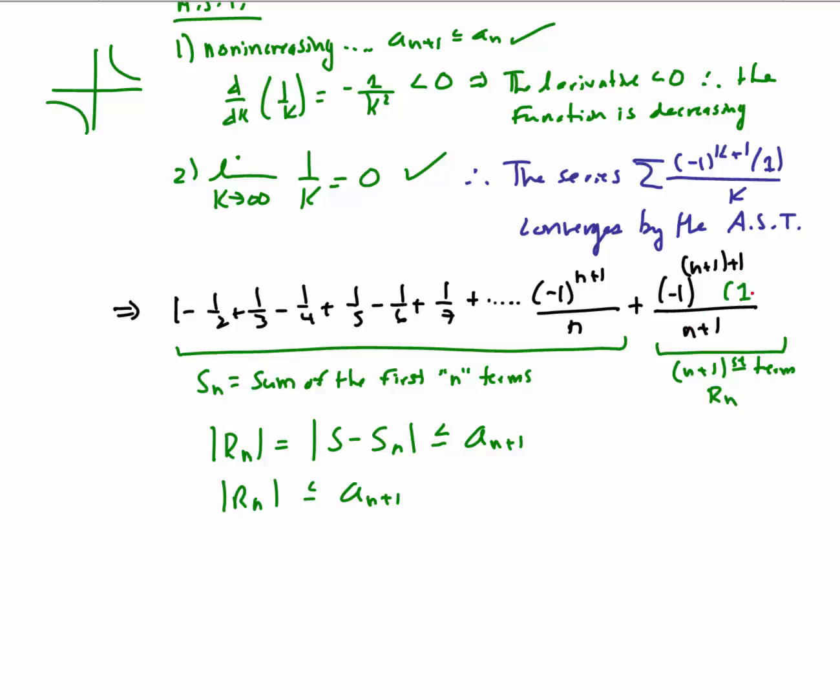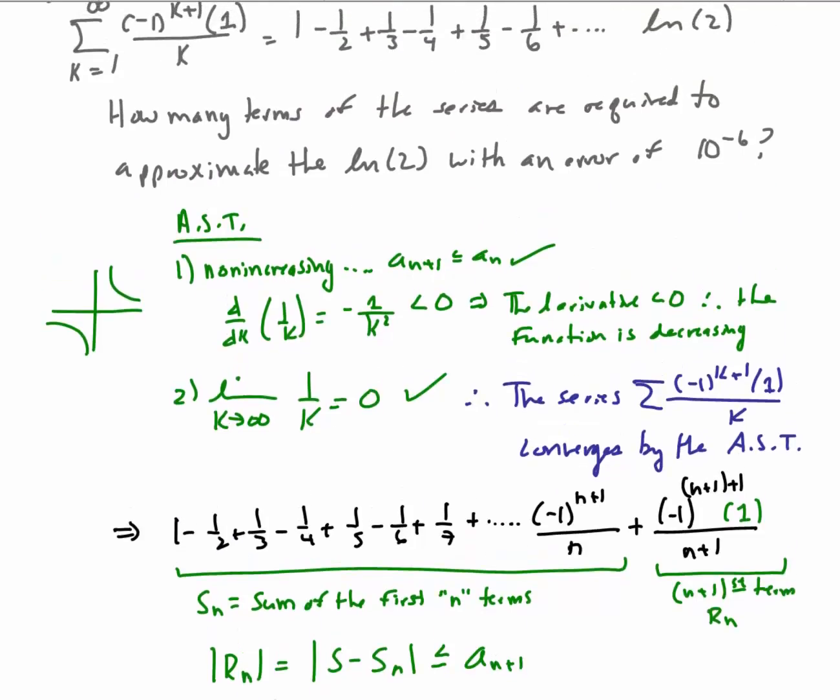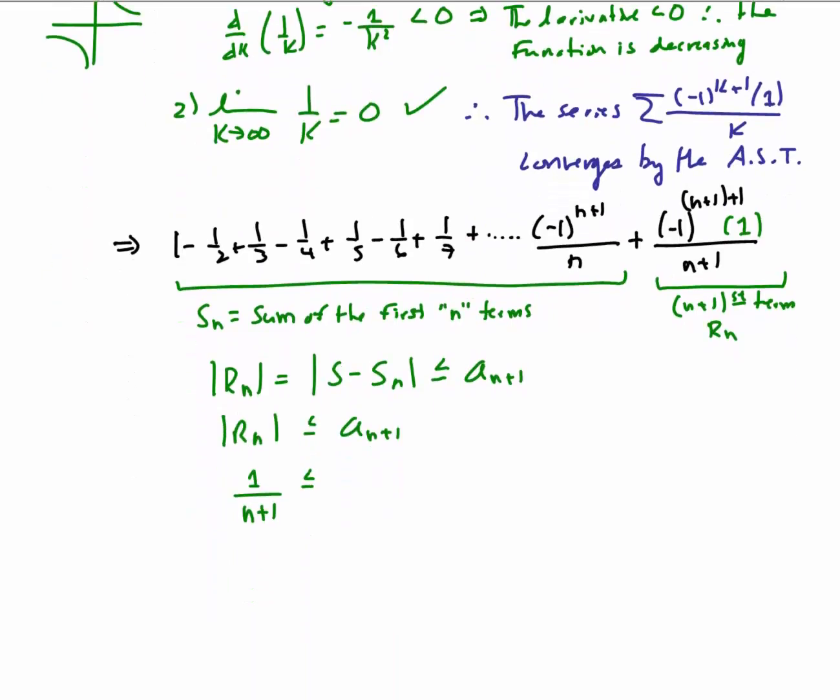Again, this is your implied 1 right here. So this is 1 over n plus 1, has to be less than or equal to the a sub n plus 1 term. So we already have established what we want that criteria to be up in the original problem. This was that 10 to the negative 6. So we want it to be less than 10 to the negative 6.